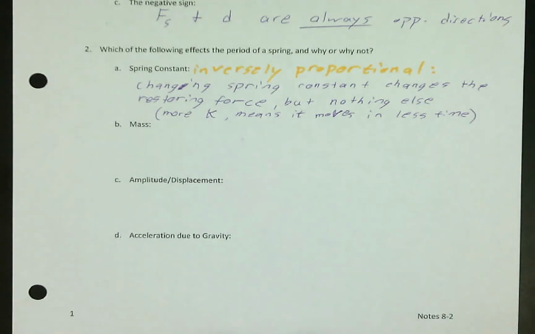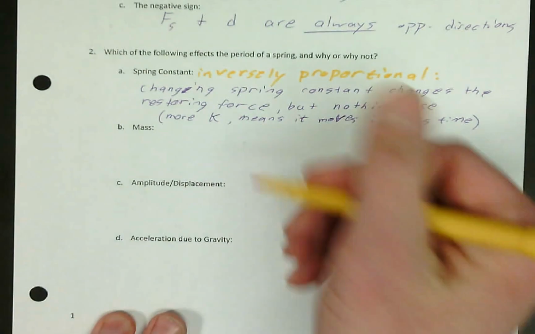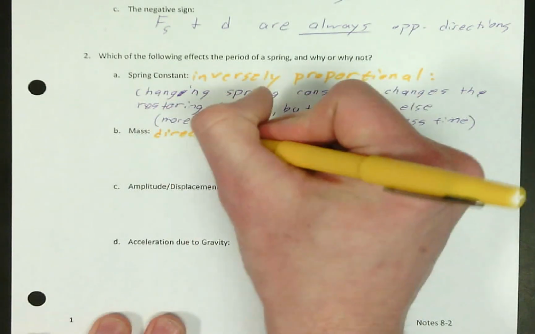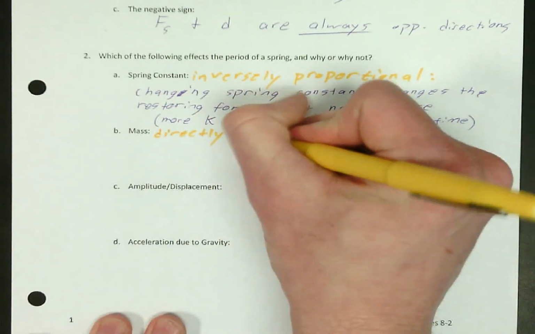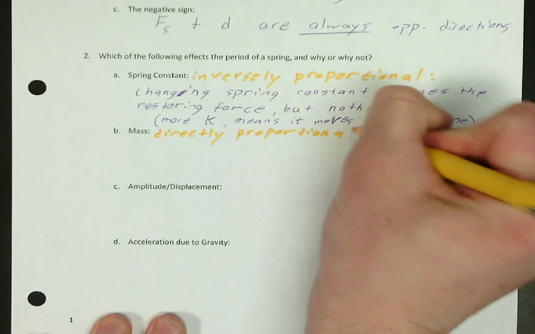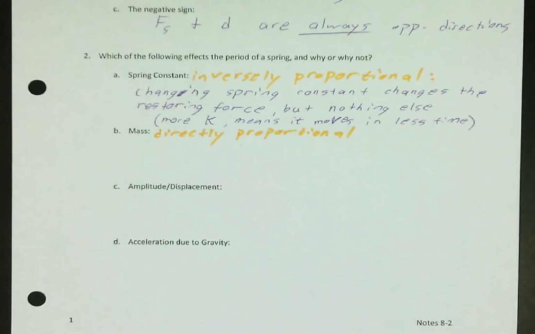Second one here, mass. Mass, we said, was directly proportional. When we increased the mass, we increased the period. So more mass meant it took longer. Why would that be? Well, when we change the mass, we increase inertia.